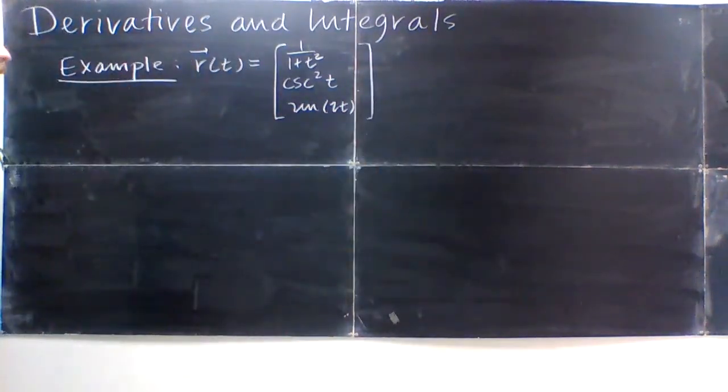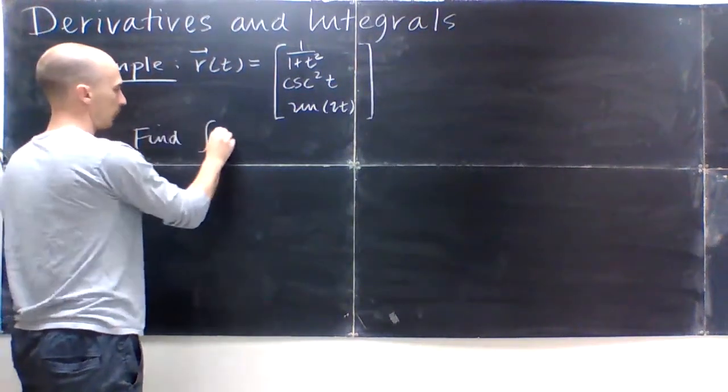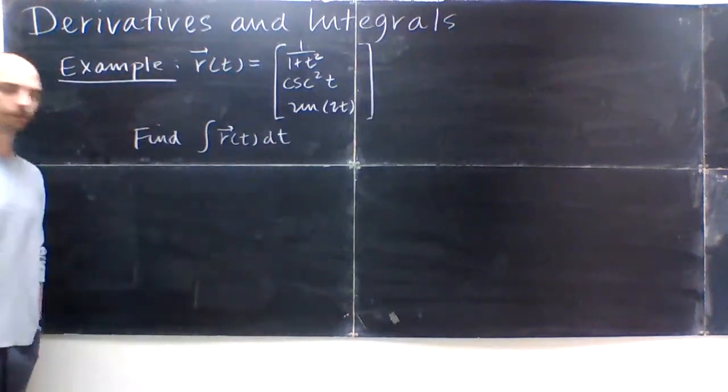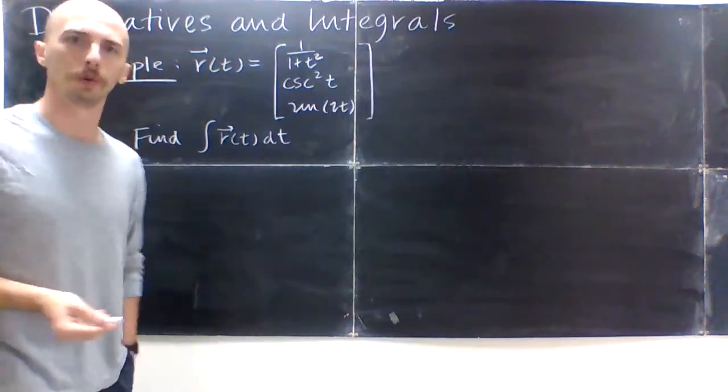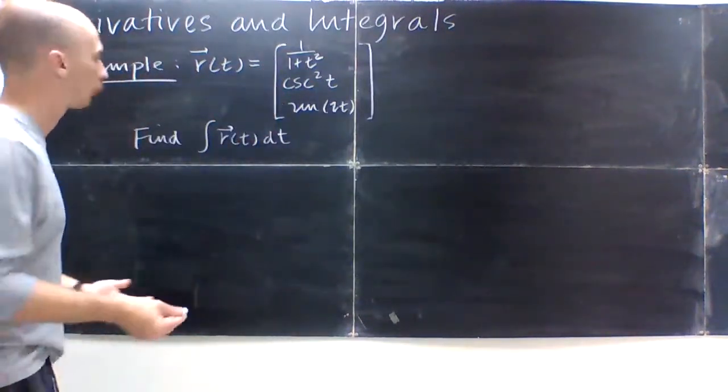All right, and then we want to find the antiderivative of r of t with respect to t. This is something that we're going to be able to do. We're just going to find the antiderivative of each of the components, and then that will be the antiderivative function.